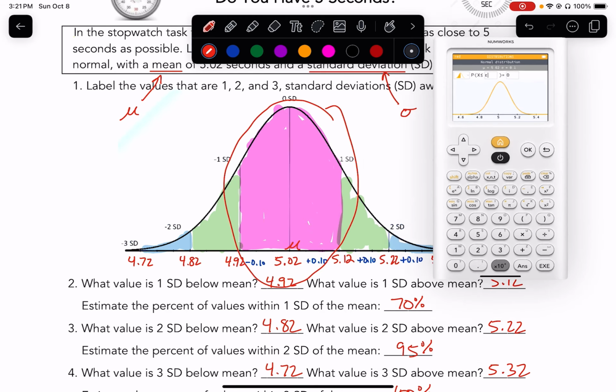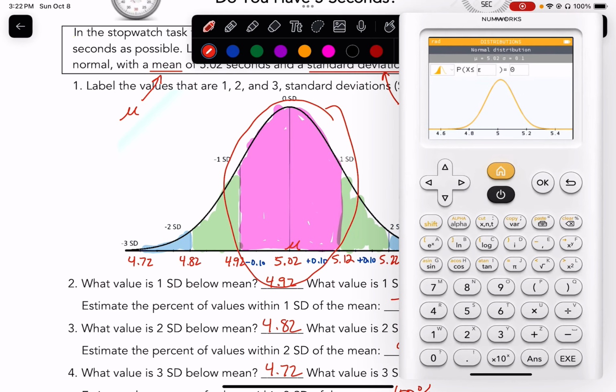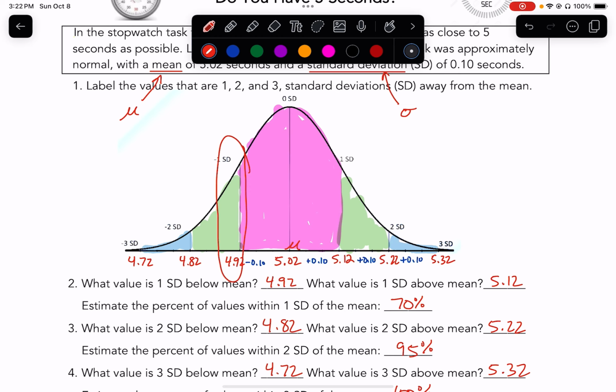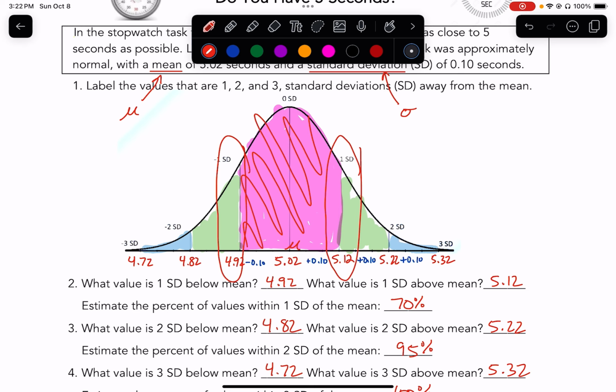Sorry, having a calculator issue there. So we're going to go from this -1 standard deviation, 4.92, to +1 standard deviation of 5.12. So those are my 2 boundary lines because I want all that pink stuff in the middle.